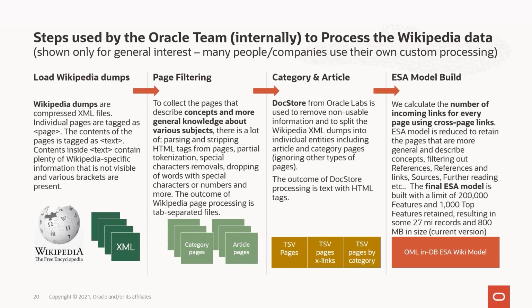Then Oracle Labs Doc Store removes the unusable information and creates categories on the remaining articles. Then the model is reduced to retain more general information and concepts, filtering out things like references, sources, and further reading. In the case of the current Wikipedia model, the topics were reduced to about 161,000.